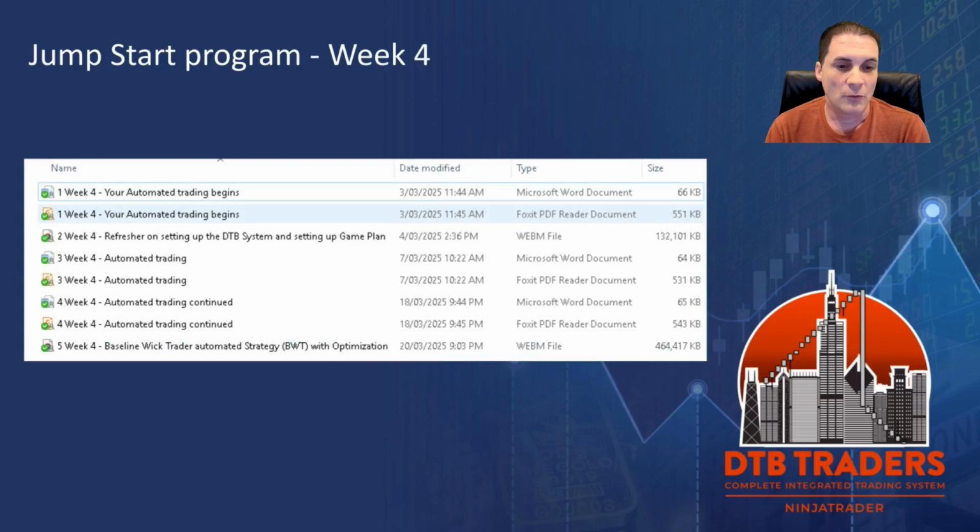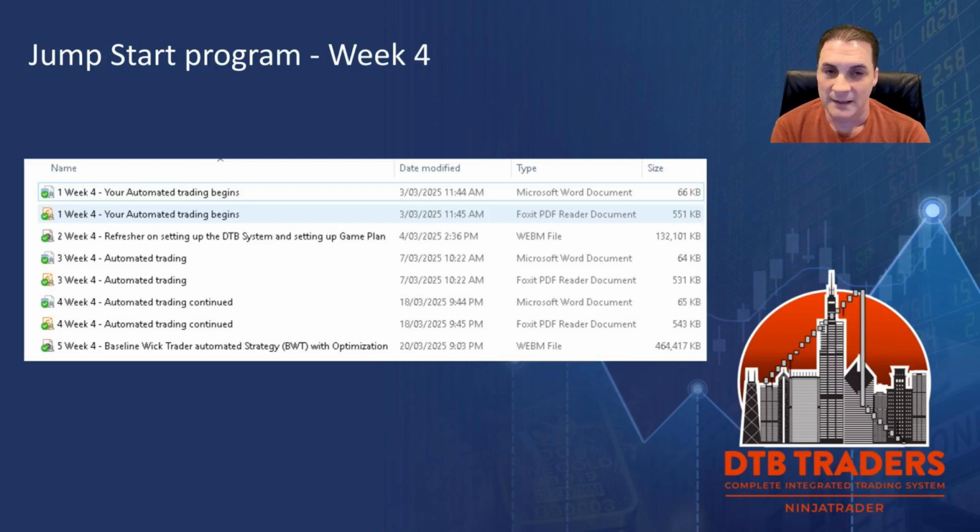In week 4, we really dive into the automated side, exactly our game plan. This helps people set up the game plan properly. How to set up the system and understand the tools is all good and well, but how do you actually set up the game plan, which is a very quick process once people get into it.